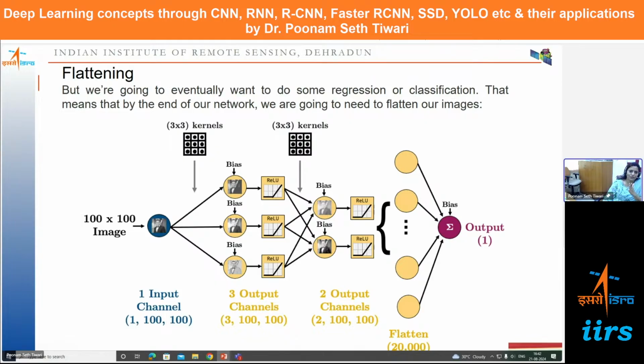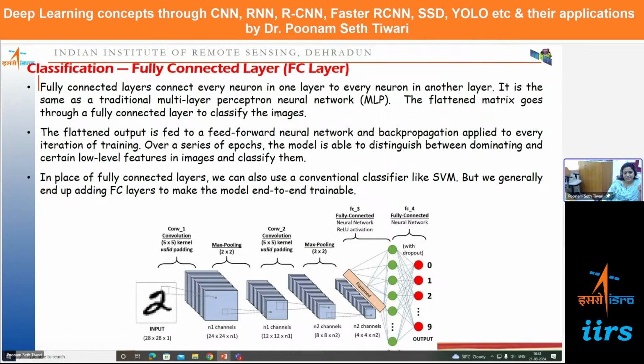Finally, once all this is done, we have to flatten our network. Flattening means we convert all of it into a fully connected layer, because eventually we are going to do classification or regression, and for that we use fully connected layers. So classification is finally done using a fully connected layer.